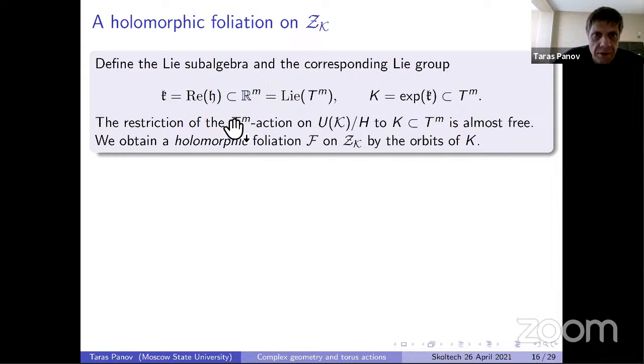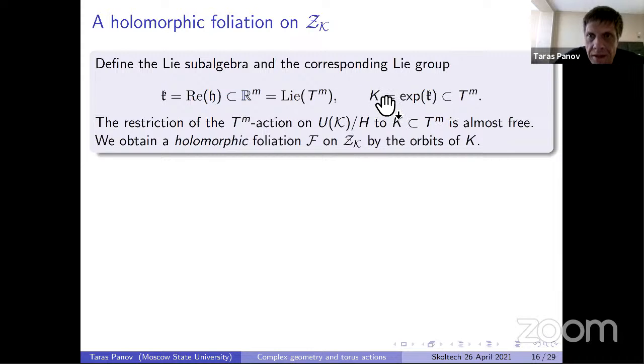So you define your manifold as a quotient of this U of K by the action of the holomorphic group H, and that H is a complex Lie algebra, and you look at its real part, and its real part is a sub-algebra in the Lie algebra of the compact torus.